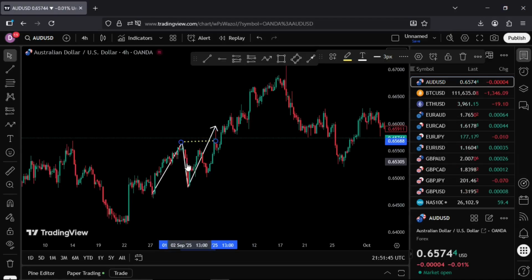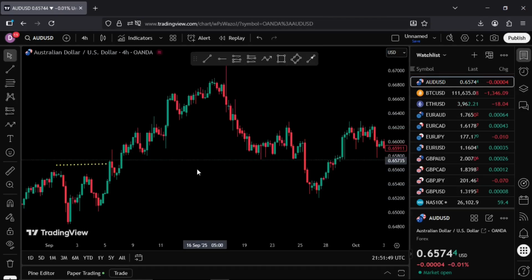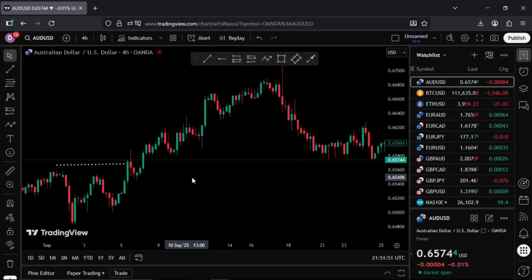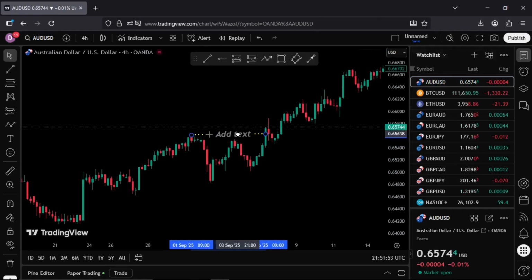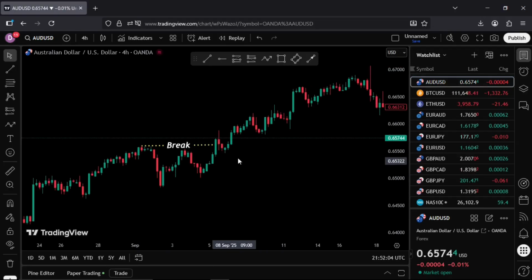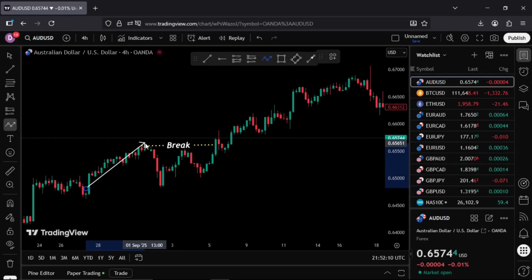Now let me go ahead and delete this. Let me zoom in. We got our break right here, so let me label this as break. Step 3, we want to go to a lower time frame, because remember, price made a push, pullback, push to break.